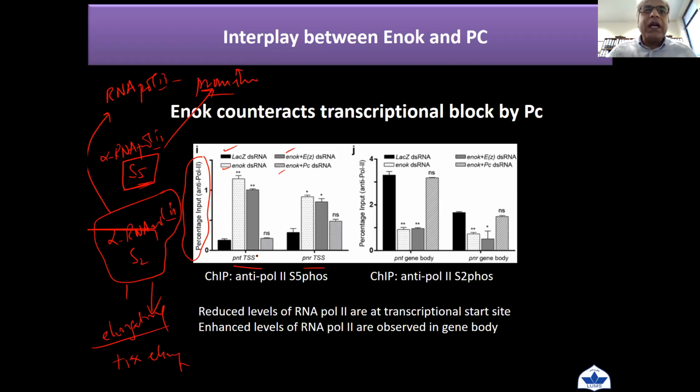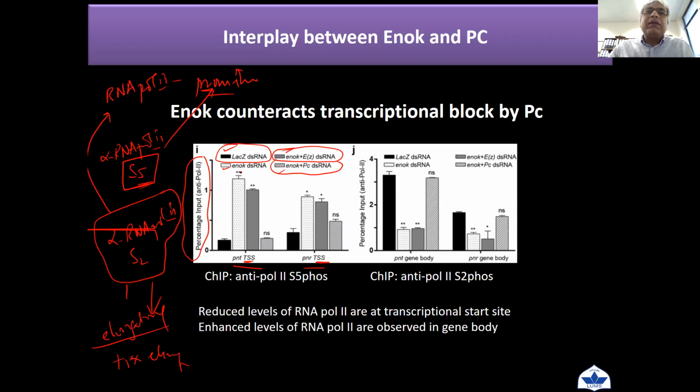So here, if you pay attention, in the double knockdown, which is Enoch plus E(z) or Enoch plus PC, in the transcription start site near the promoter region, in LacZ knockdown there's not a lot of RNA pol 2 bound there.